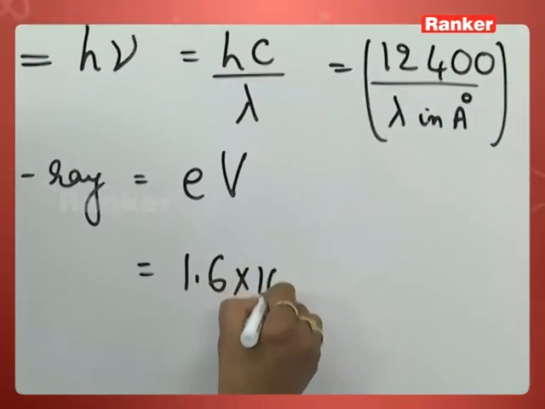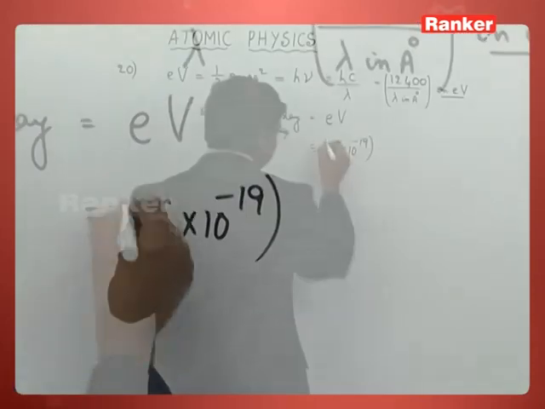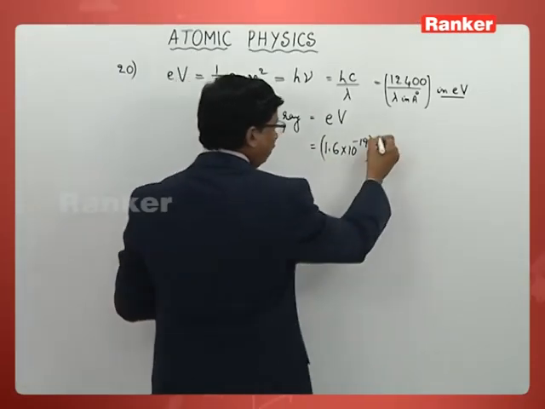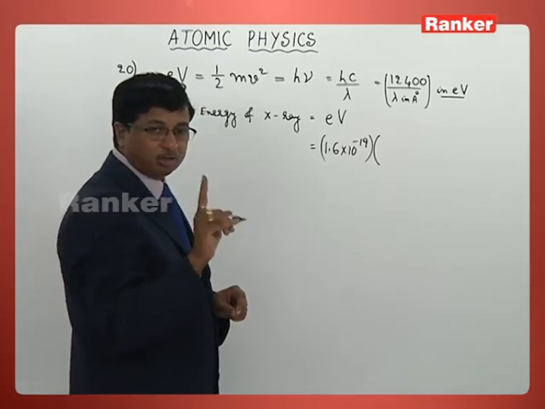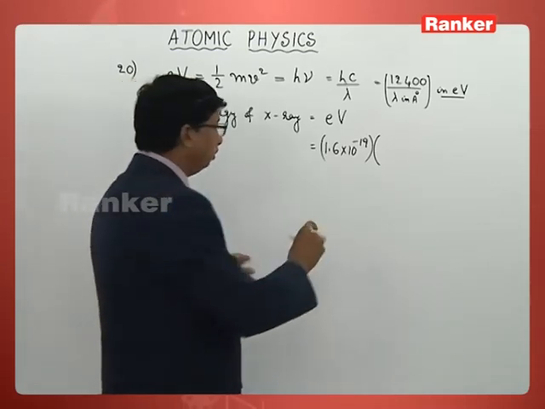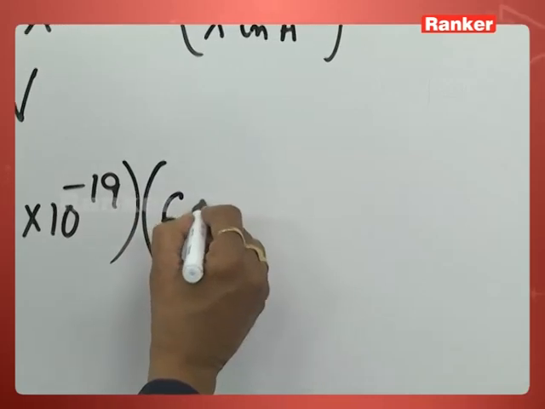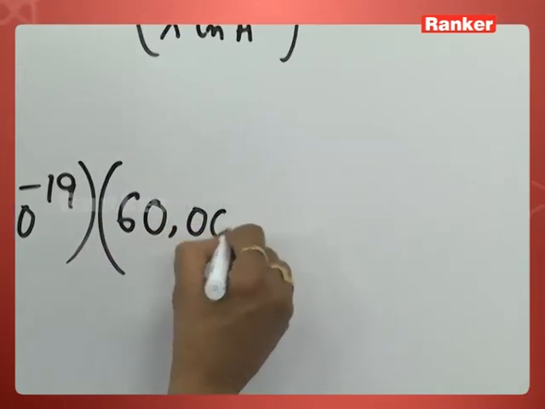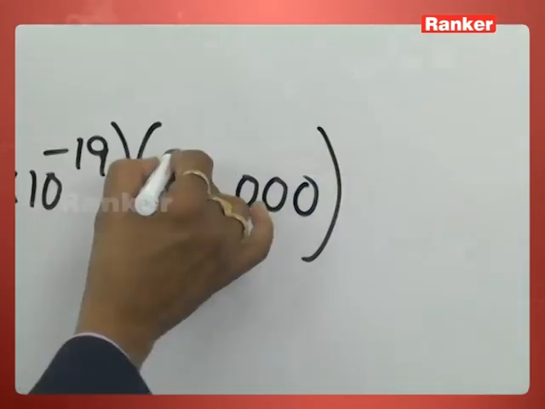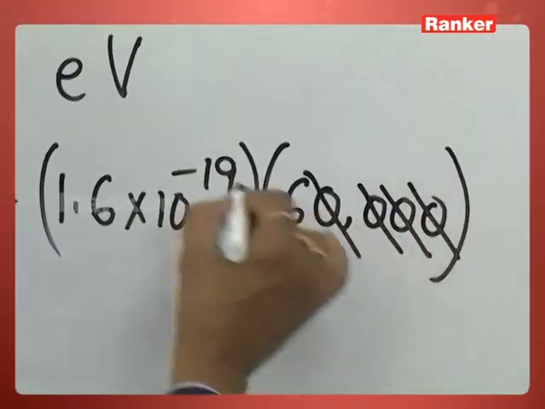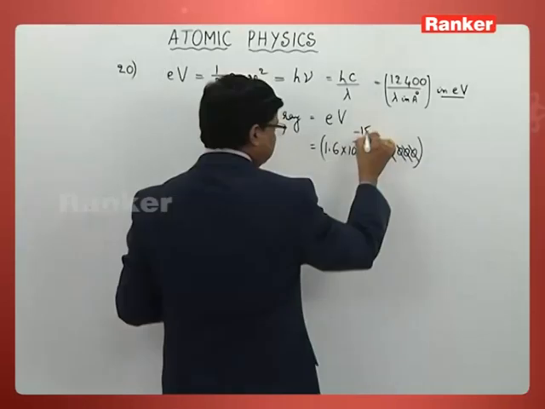What is this value of e? 1.6 into 10 to the power minus 19 coulomb. And what is this V? 60 kilovolt. That is the applied potential difference across the X-ray tube. So you can write 60,000 directly. Now just cut 1, 2, 3, 4 zeros here, minus 15.